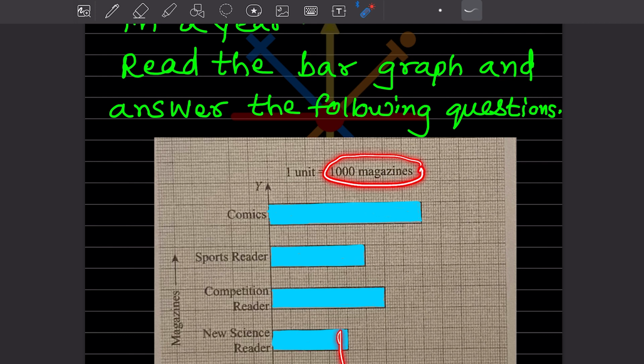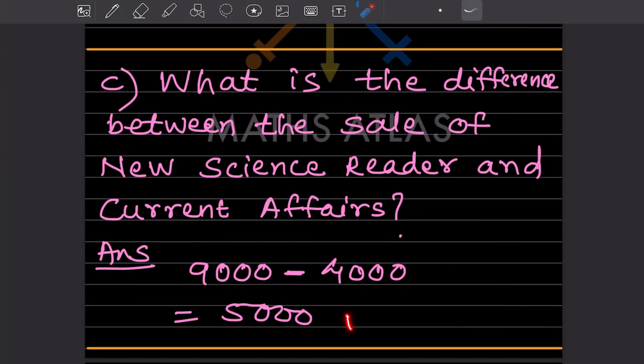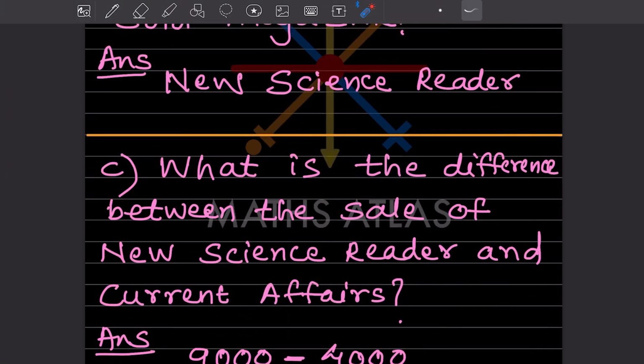So this 4 means this is going to be 4,000. And the Current Affairs is how much? 9. 9 into 1 unit is 1,000. So 9 units is going to be 9,000. So they want the difference between this one and this one. So what is that? 9,000 minus 4,000, that will be 5,000.